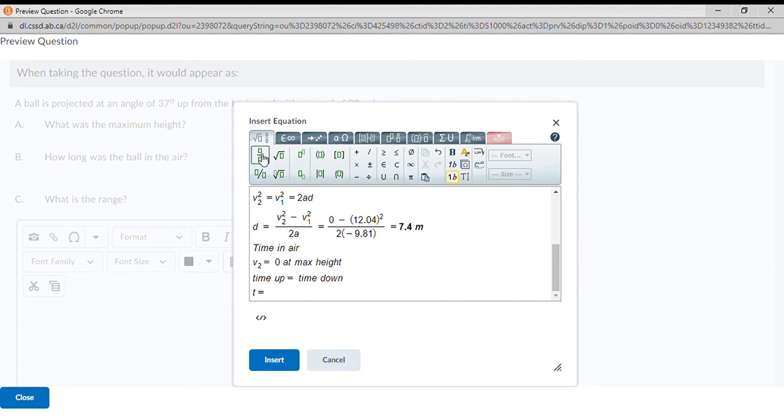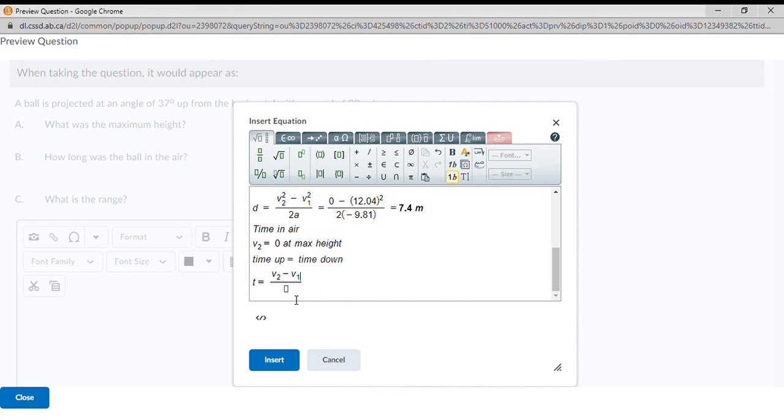And then the time will be, in fraction, v2 minus v1 divided by acceleration, which in our situation will be 0 minus 12.04 over negative 9.81.